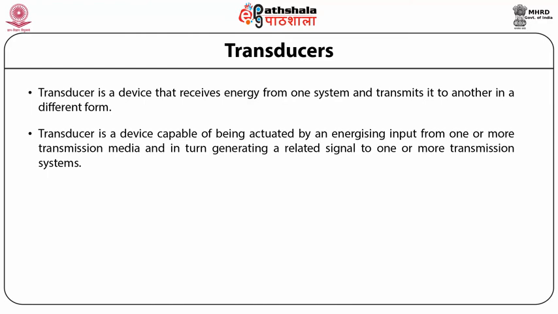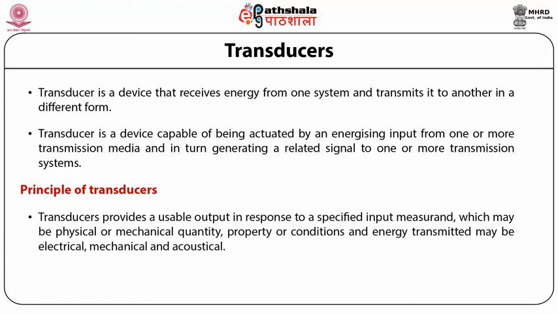Let us now discuss about the principle of transducers. Transducers provide a usable output in response to a specified input measurement, which may be a physical or mechanical quantity, property or condition, and the energy transmitted may be electrical, mechanical, and acoustical.